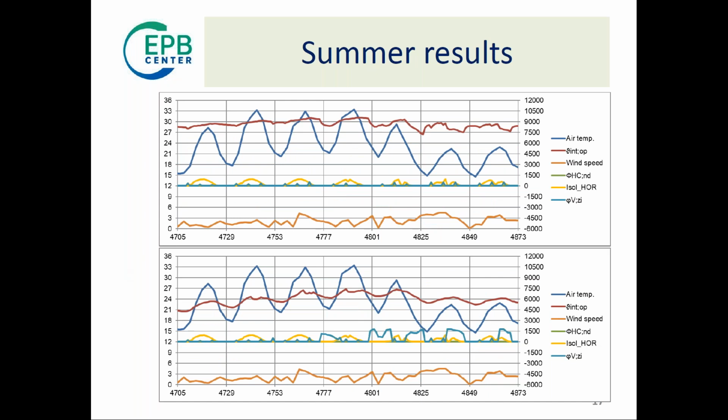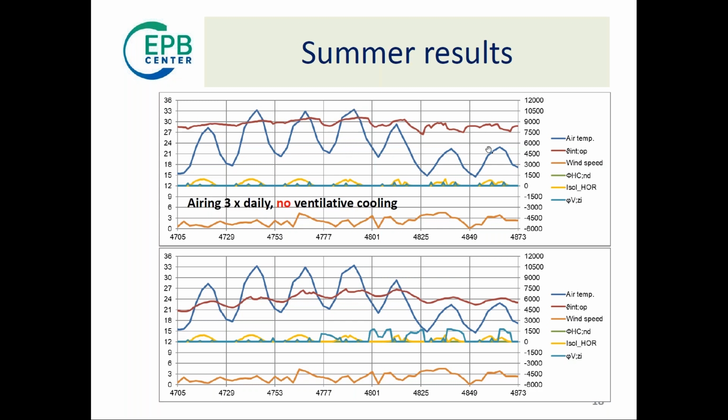And then we have a week in summertime where on the upper plot there is only this airing 3 times a day, no ventilative cooling applied. It's a pretty hot week. Outdoor temperatures go up to 33 degrees peak on 3 successive days here.